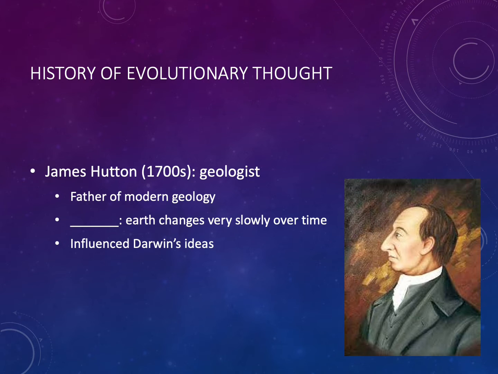This explains features of the Earth's crust by means of natural processes over geological time. So, in this sense, he thought that the Earth needed to be ancient and discussed the possibility that it changed slowly over time. He definitely influenced Darwin's ideas with the concept of gradualism because the prior belief was that species were fixed.